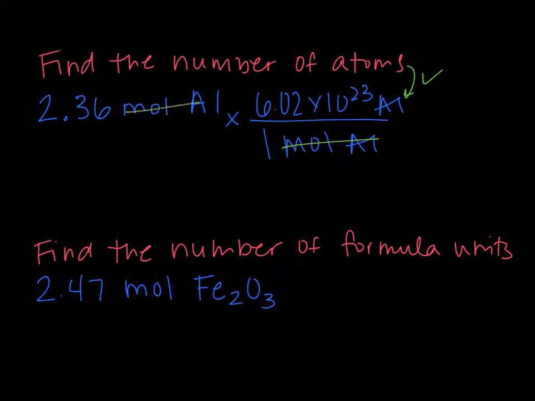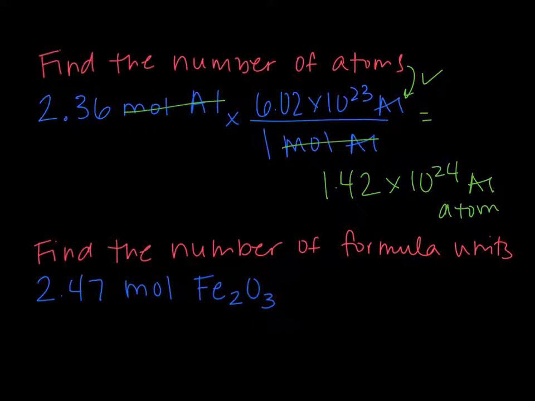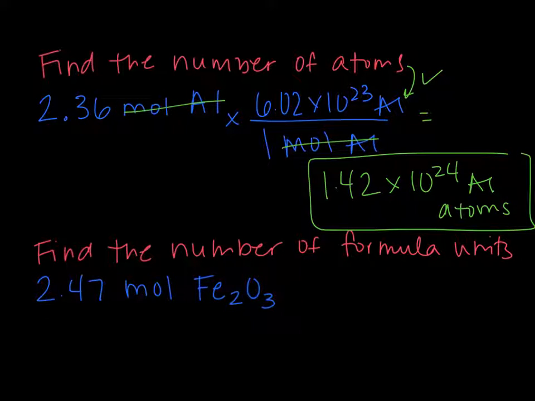So mole cancels out, and we end up with 1.42 times 10 to the 24th aluminum atoms. Okay?